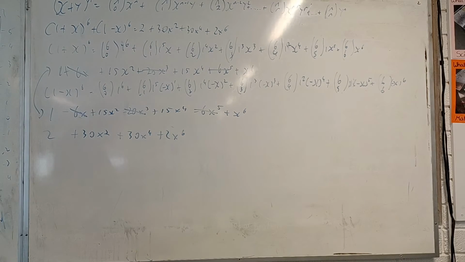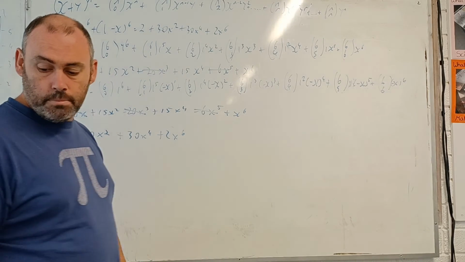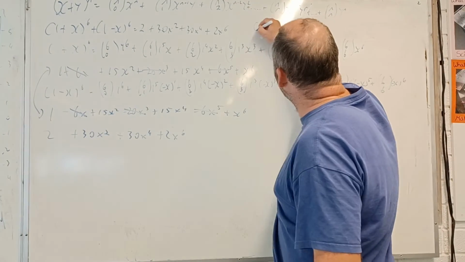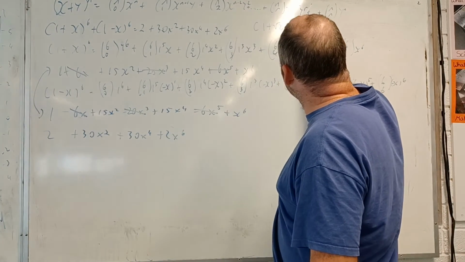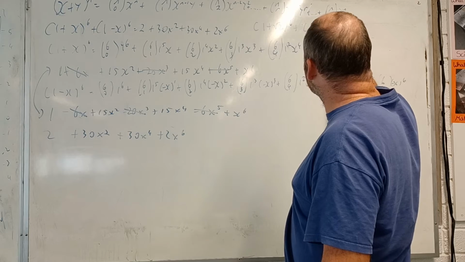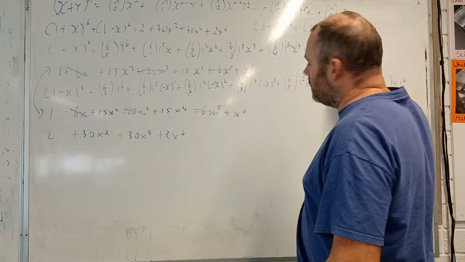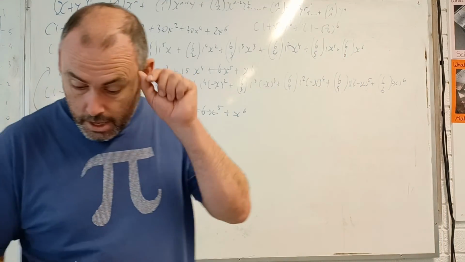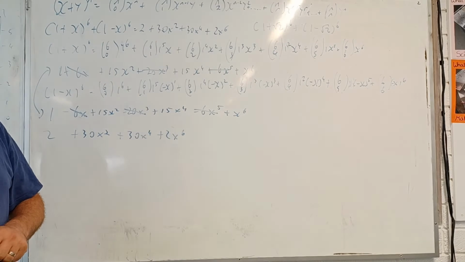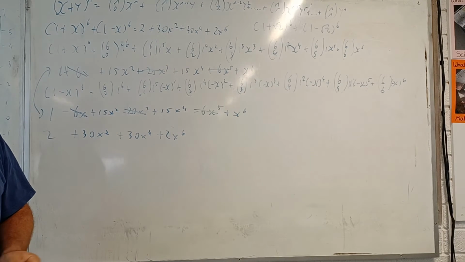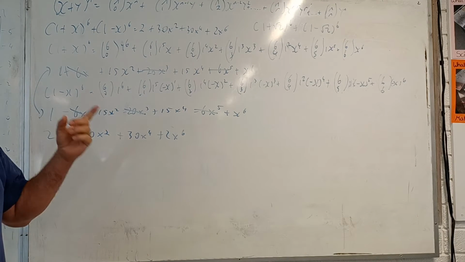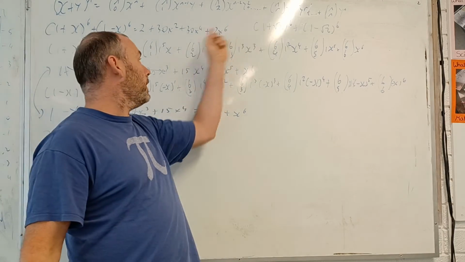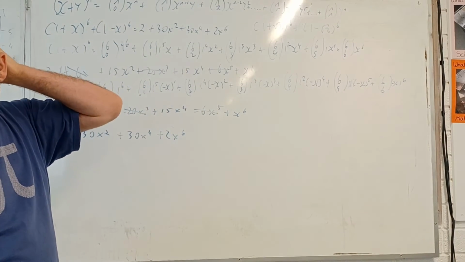Now another thing that they could ask us to do, and they do in this example, is hence evaluate 1 plus root 2 to the power of 6 plus 1 minus root 2 to the power of 6. Well, this is actually fairly straightforward because all we need to do now is sub in root 2 for x. All right?